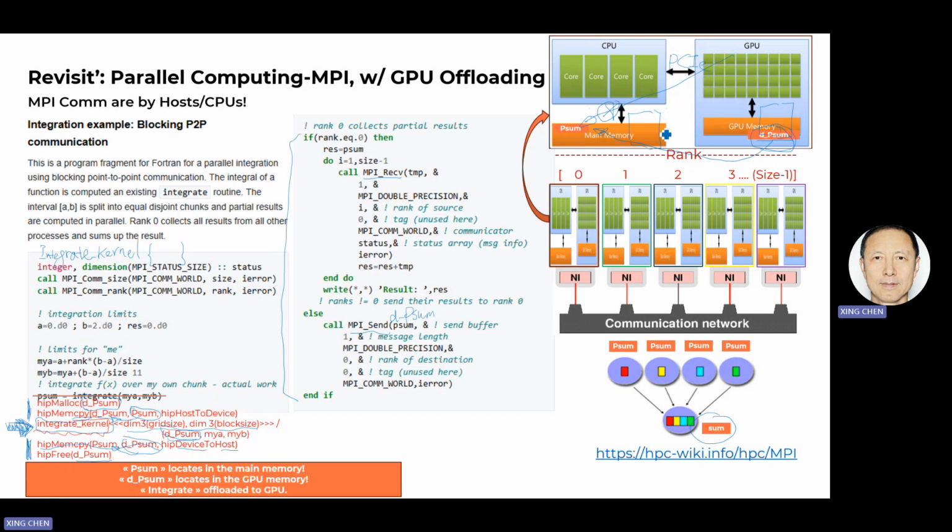So could that be okay? What I mean is that MPI is working with p-sum, send this p-sum, and you are going to sum this p-sum up, and you have the final result.